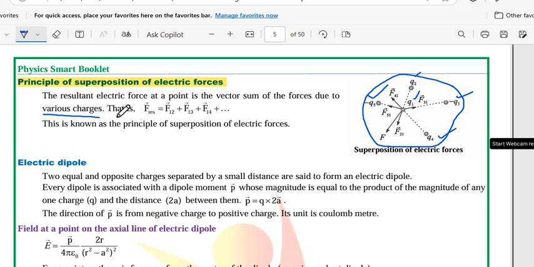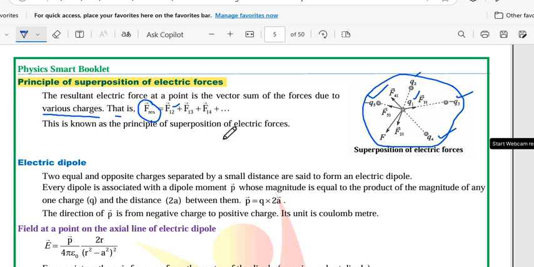We have considered five charges, and the resultant force is the sum of F12, F13, F14, and so on. This is the force acting on charge 1 by 2, the force acting on charge 1 by 3, the force acting on charge 1 by 4, and so on.